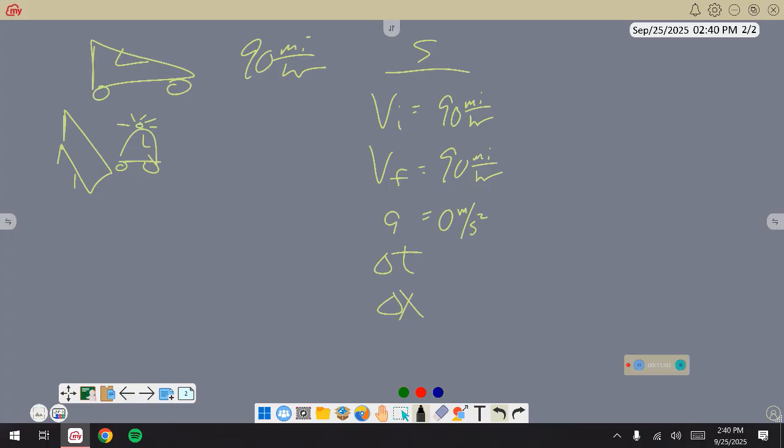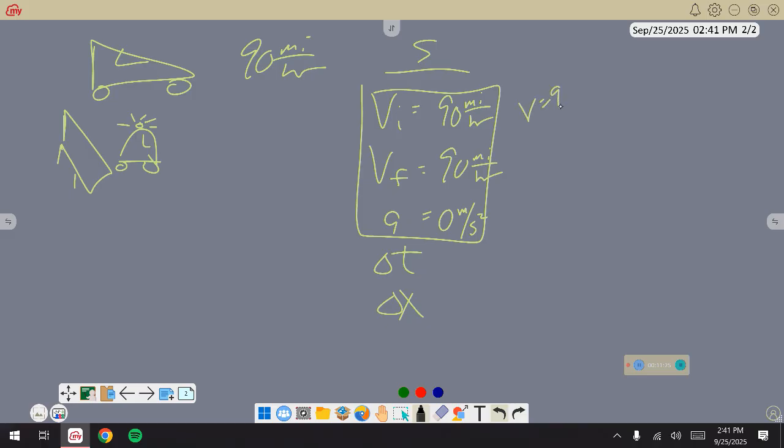Constant velocity. Now, the big problem, the mistake here, is that I have told you in the past that if you have 3 variables out of this set of 5, you can solve the problem. And so this leads people to go, oh, I have 3 variables, I can solve this problem. Except that's not 3 variables. That is literally just 1 variable. What does all of this really say?